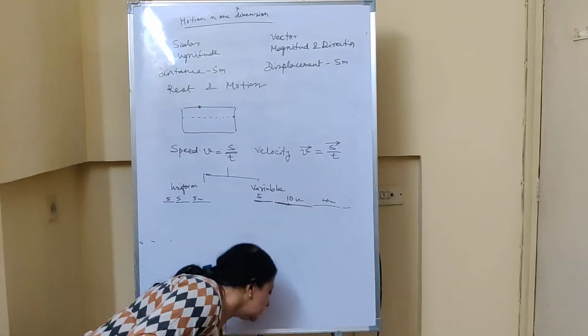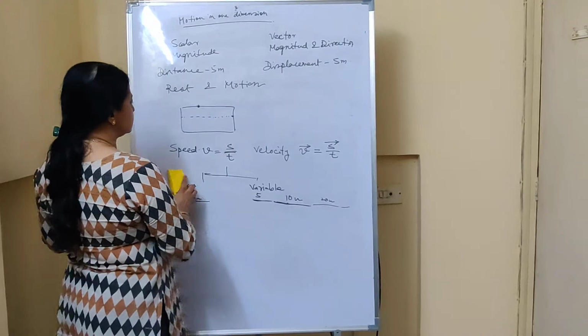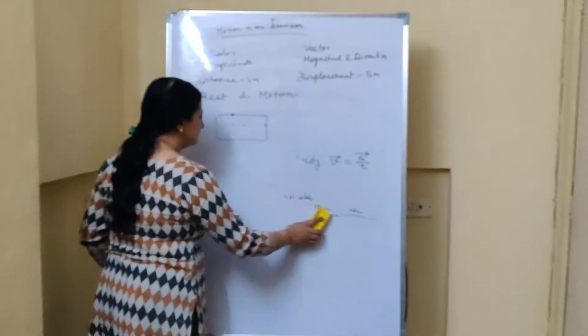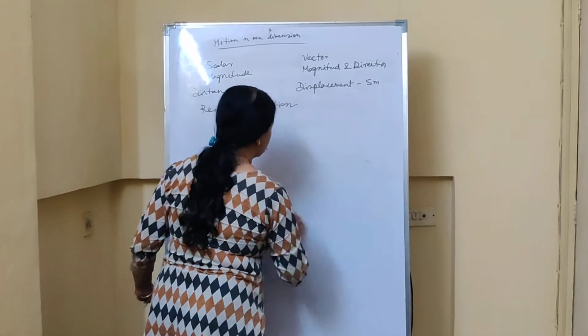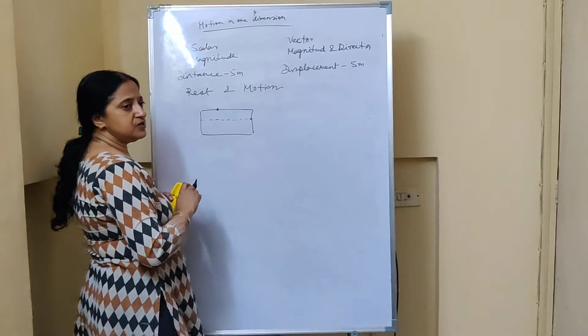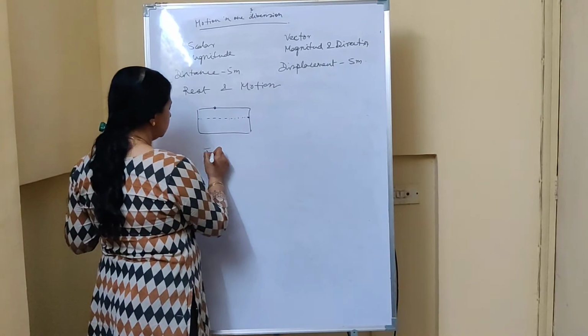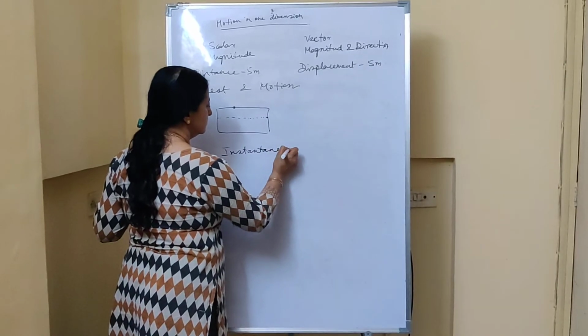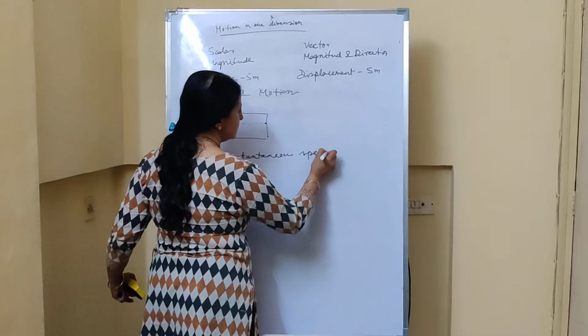Now the next term is acceleration. But before acceleration, one more term, children: instantaneous speed and instantaneous velocity.